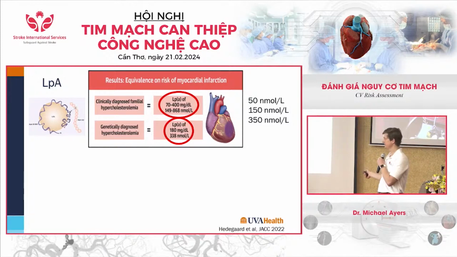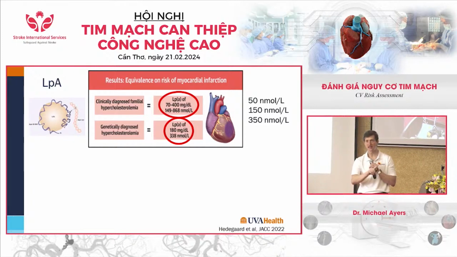When it's above 150, you should think that patient has an inherited cholesterol disorder. If it's above 350, you should think that patient has a gene-detectable cholesterol disorder and is 3 to 4-fold higher risk than what you may have considered otherwise.